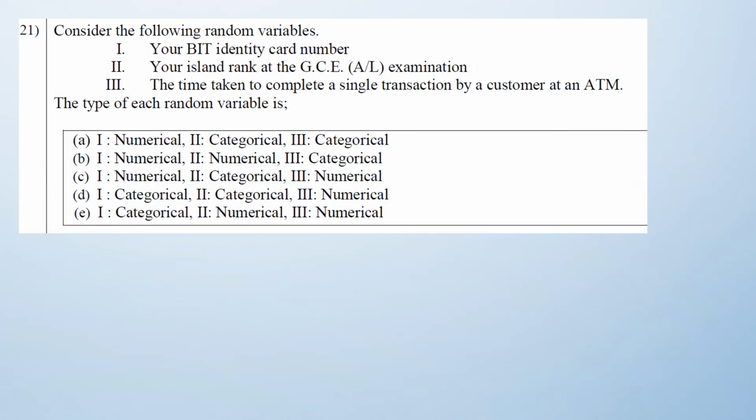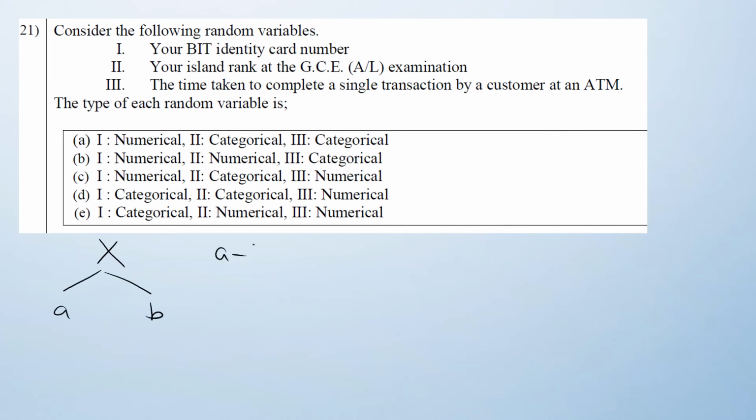So the answer is C only. Question number 21. You have 3 random variables. You have to identify the type of each random variable, whether it is categorical or numerical. To be categorical, you should not have a meaningful difference between two values of the random variable. To be numerical, you should be able to identify a meaningful difference. Suppose we have for the random variable x two values a and b.